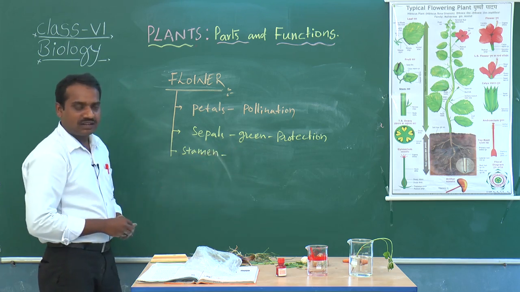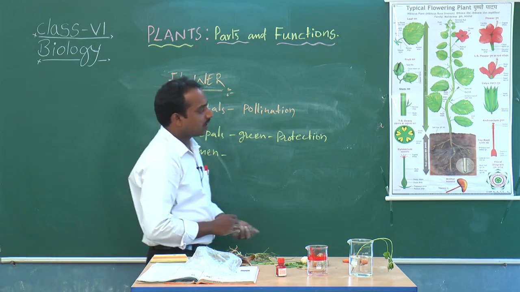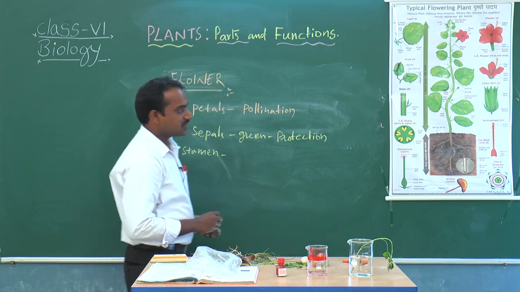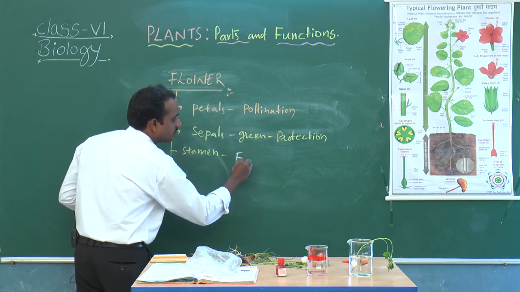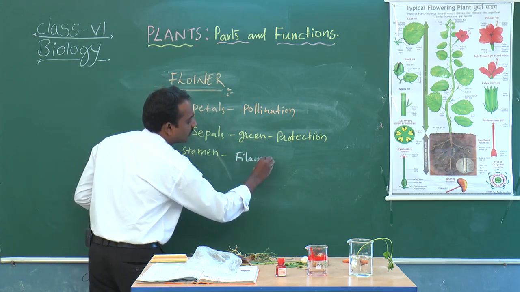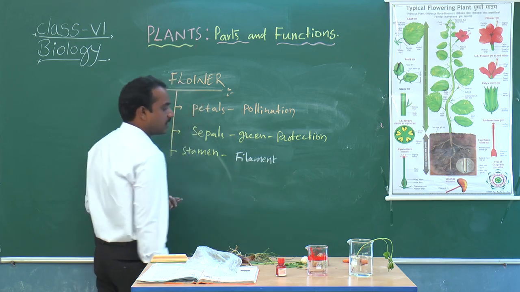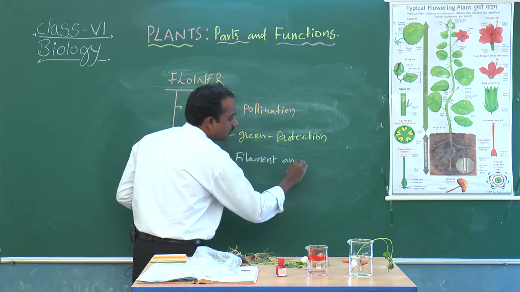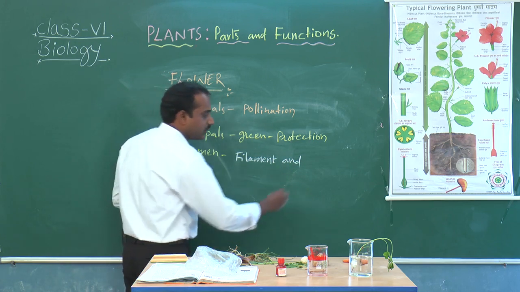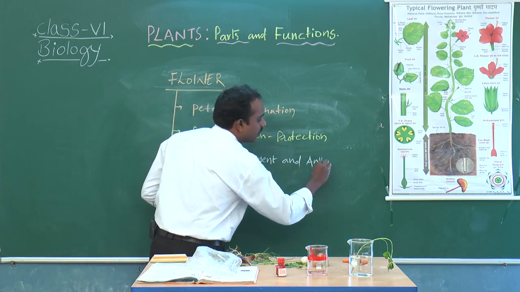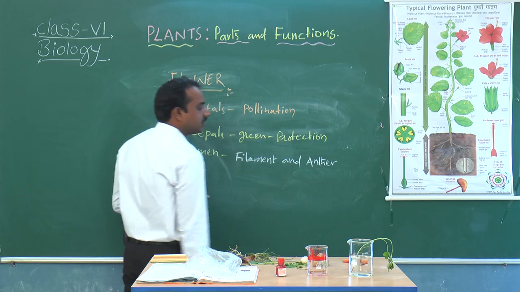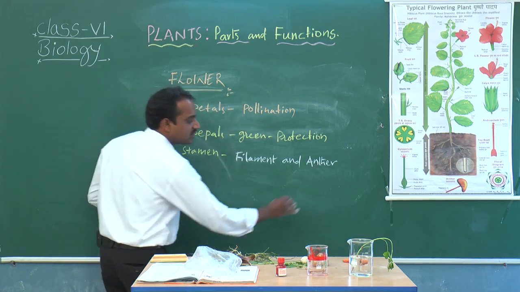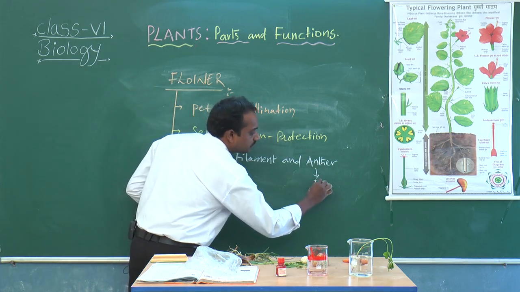Each stamen consists of a filament and an anther. This anther produces the pollen grains.